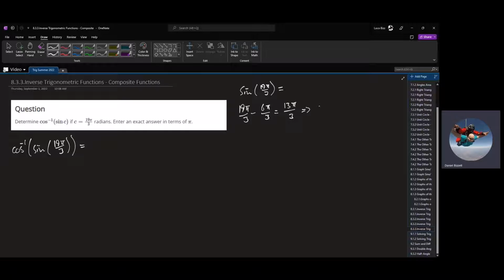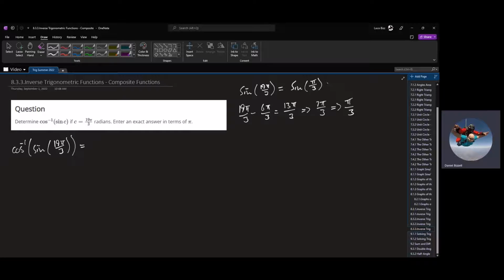Then we're going to subtract another 2 pi, and that would give us 7 pi over 3. And then if we subtract another 2 pi, that would give us pi over 3. Okay, so now we know that sine of 19 pi over 3 is really just sine of pi over 3.